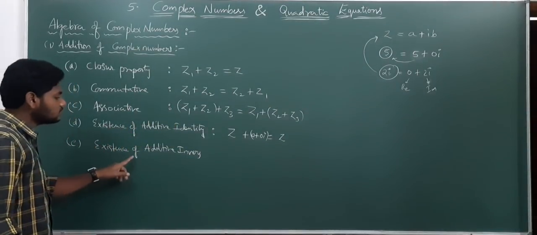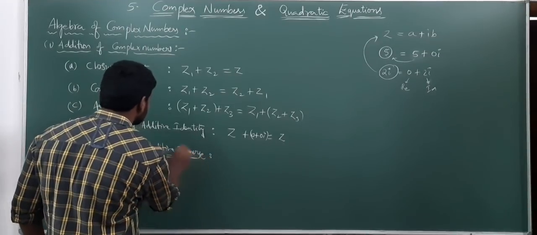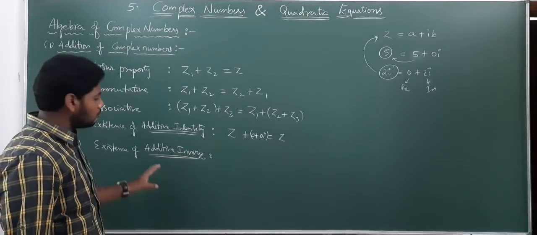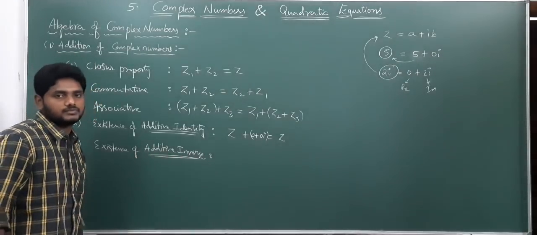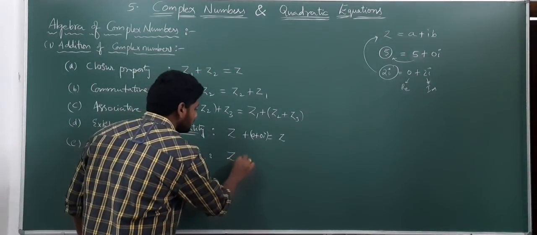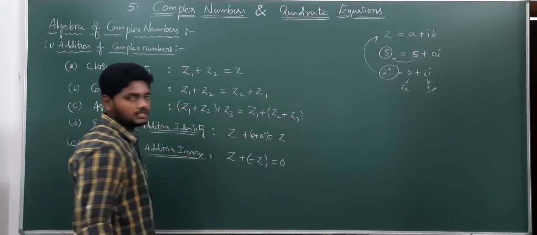Next, existence of additive inverse. Additive inverse in the sense, like identity means we should get the same number, here additive inverse means what if we add, it will become 0. The complex number will become 0 in addition. So for that Z, if we add minus Z, surely it will become 0, right or not?